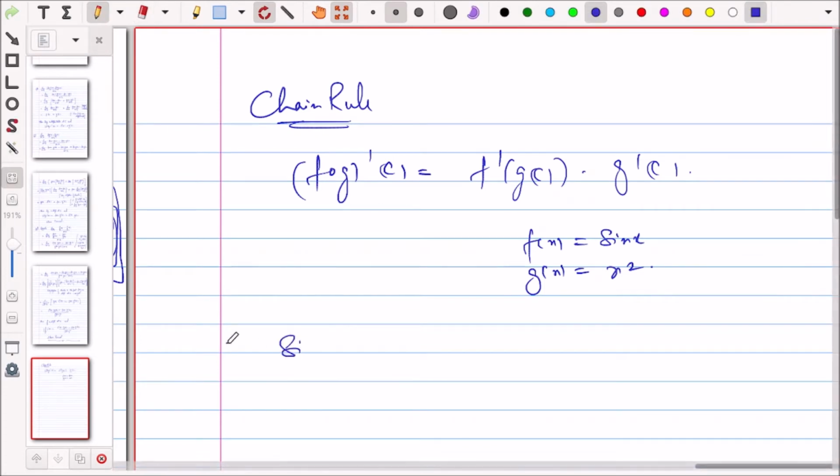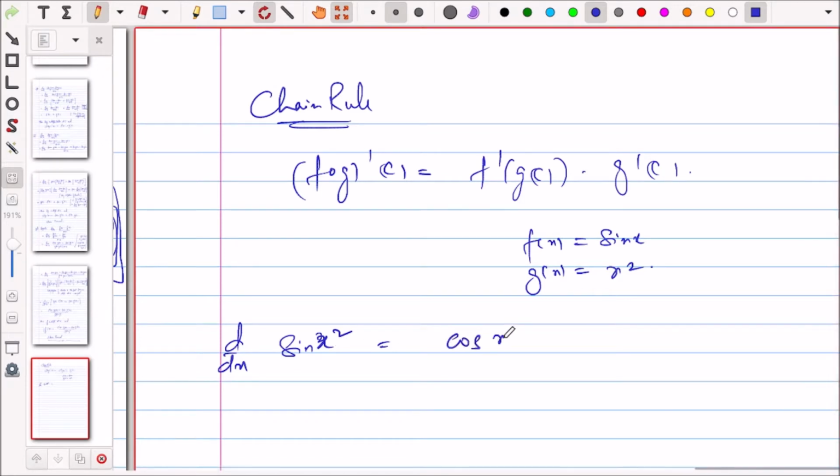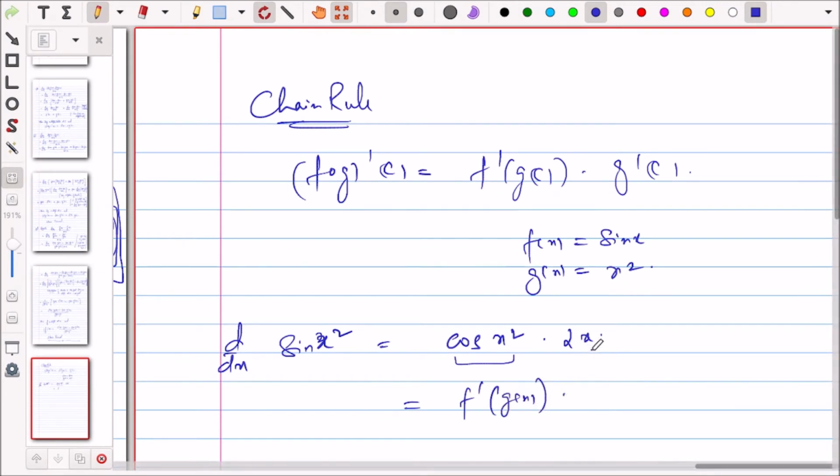If you have to do d by dx of sin x square, how do you do it? First you differentiate sin of x square, so you will write cos x square, and then you will differentiate the inside, 2x. So cos x square is f' of g(x), right? And 2x is g'(x). So this is the formula, f'(g(c)) into g'(c), right?